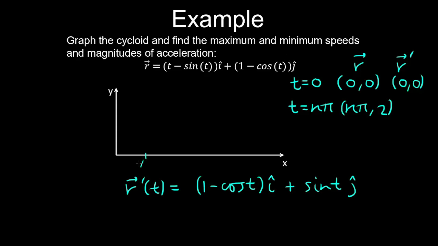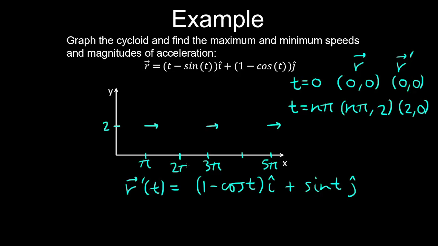So we have at pi, 3 pi and 5 pi, a y position of 2, and a velocity with an x component of 2 and y component of 0. So the tangent vector points horizontally at these points.